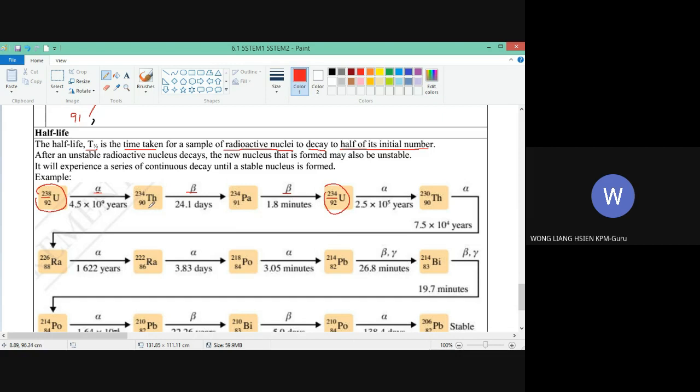So it will continue to undergo radioactive decay, becoming protactinium-234. And then this protactinium-234 is also more stable, but not yet stable. So it undergoes radioactive decay, becoming uranium-234. Not yet stable, it undergoes radioactive decay again and becomes thorium-230.